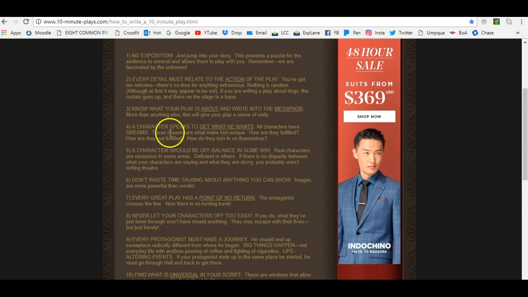Characters speak to get what they want. This is really important, something that I constantly have to say to young playwrights. Characters or people don't describe their feelings. They say things in order to get things.